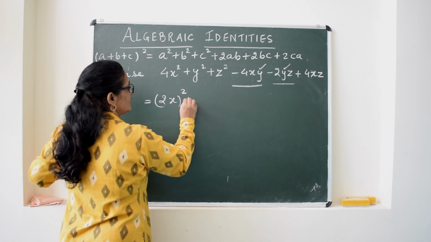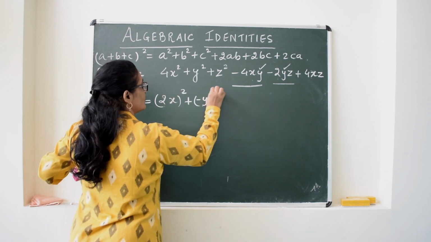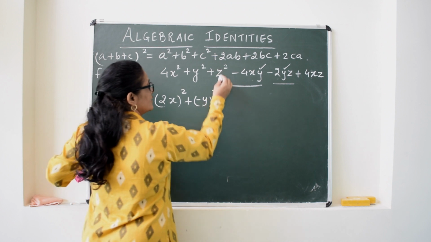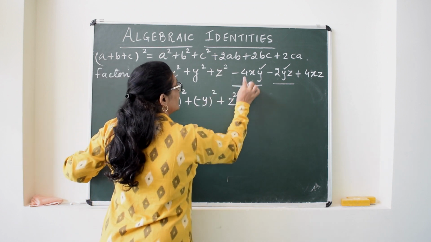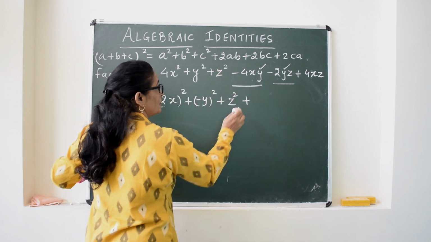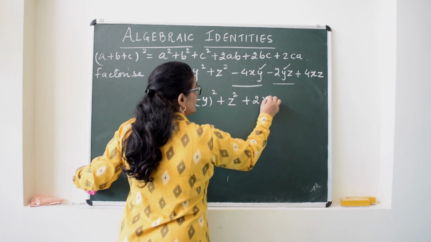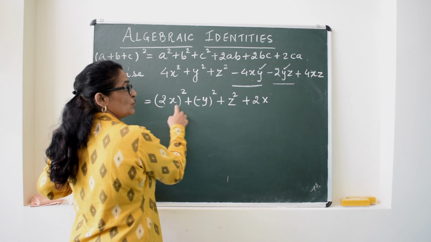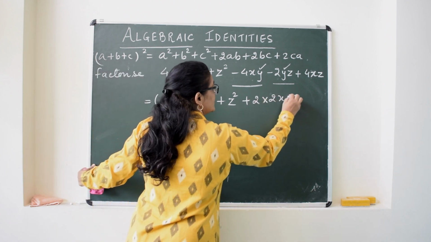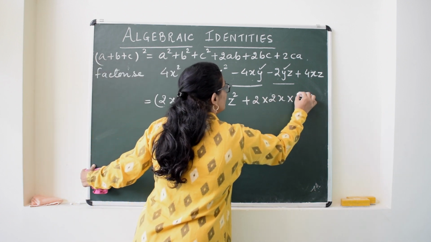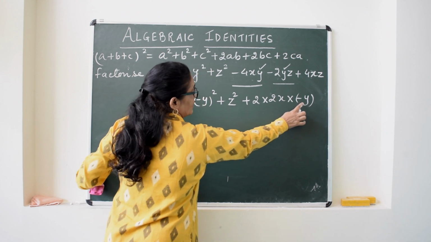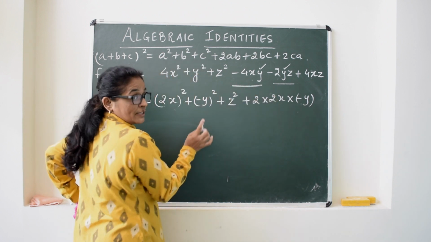So we will write this as minus y the whole square. Z will be as it is. Here we can write it, compare it with this, plus twice ab. So twice into first term. First term is 2x and second term is negative. Because of this negative minus with this y, this term is minus 4xy.